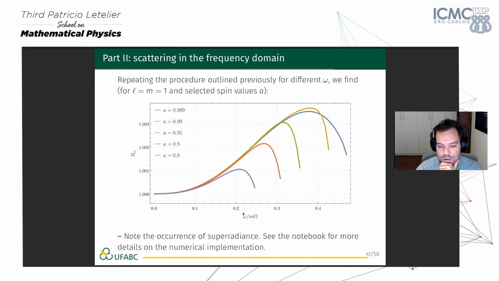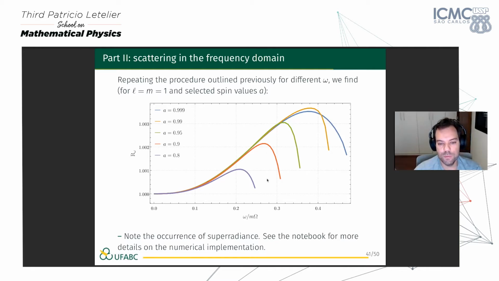So when this ratio is smaller than 1, we find superradiance. Mathematically, superradiance translates into the reflection coefficient being greater than 1. So the amplitude of the reflected wave is larger than the amplitude of the ingoing wave. The flux of energy going away is larger than the energy flux going into the system.